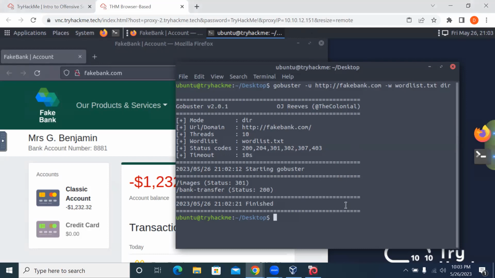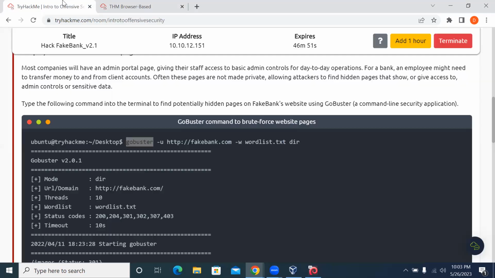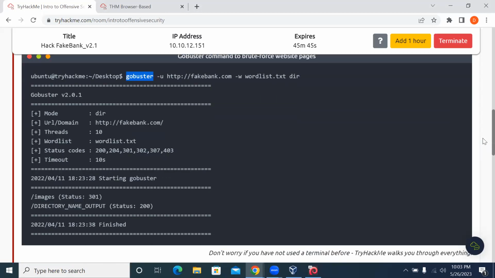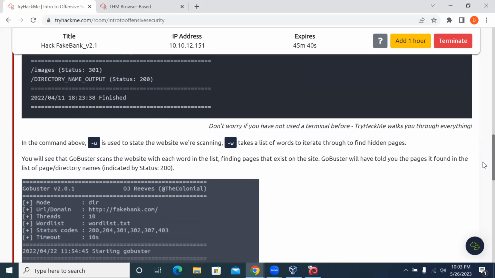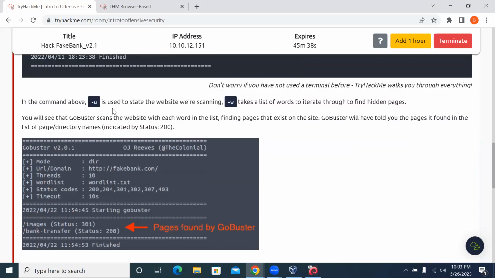So let's go ahead and see what more they were asking us to do, right? They said we should type this and we type that and we got our own answers also, right? Okay, let's continue. You see, in the command above, -u is used to state the website you are scanning, right? -w takes a list of words to iterate. So the list of words is what we refer to as the word list, to iterate through to find the hidden pages.